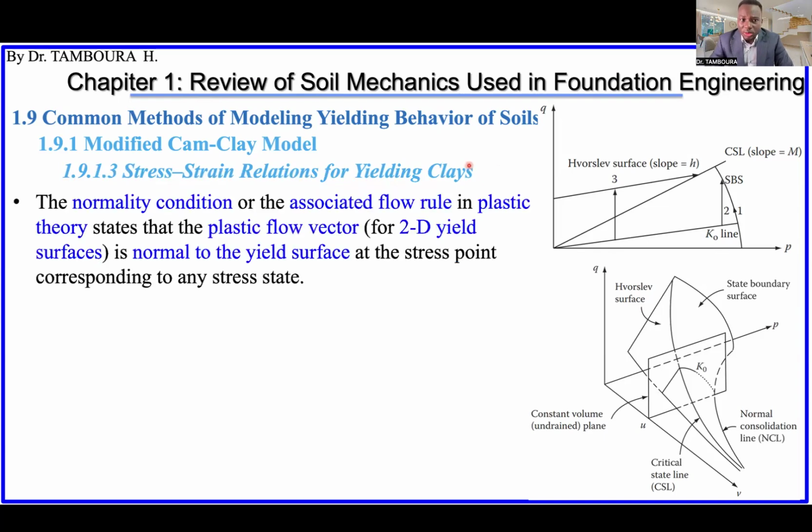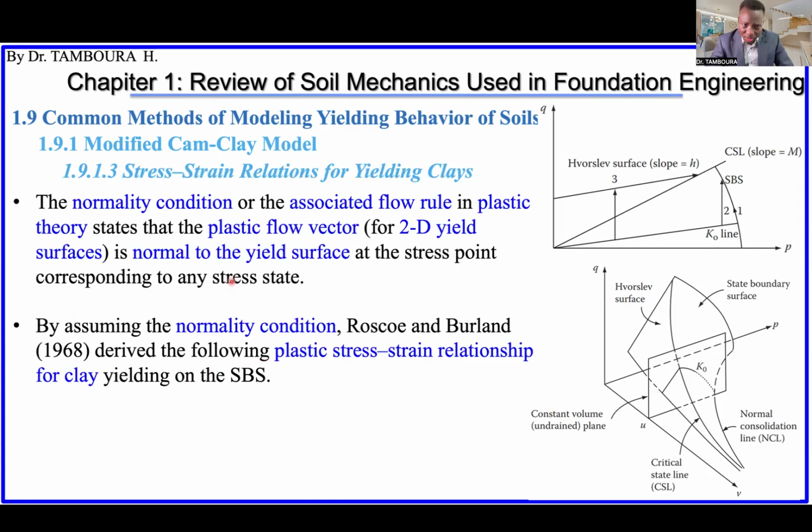The normality condition, which is also the associated flow rule in plastic theory, says that the plastic flow vector is normal to the yielding surface at the stress point corresponding to any stress state.